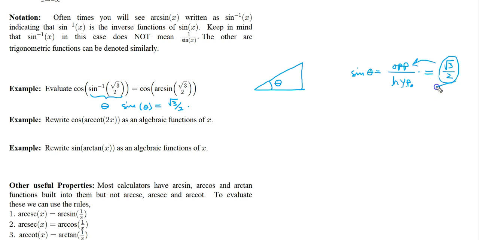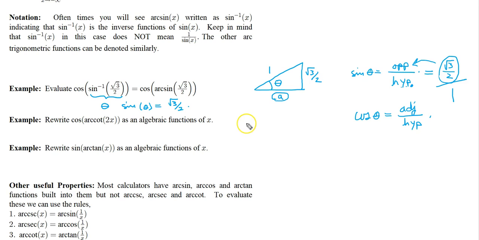The opposite side, we'll just divide this by 1, so the hypotenuse will be 1 and the opposite side will be √3/2. Then we have to solve for this side right here because we want to take the cosine of theta. Remember, cosine is adjacent over hypotenuse. So we have to solve for this adjacent side right here. Let's just call that length A, and that's what we need to solve for.